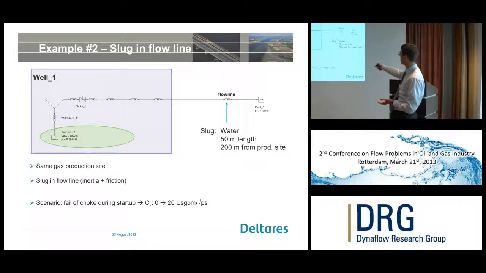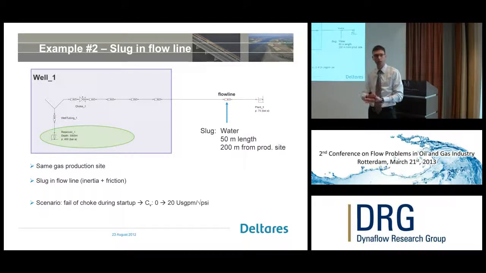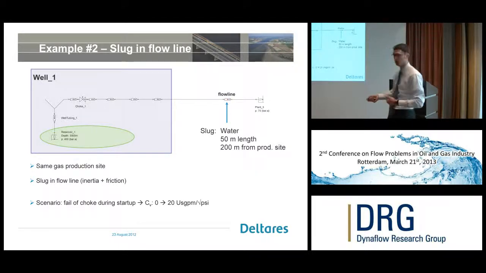So let's assume we've got a slug in this flow line which is located 200 meters from the production site and has a length of 50 meters, and let's say it's water. Water is just conservative because high density, so large inertia, makes it move less fast. So the slug in the flow line is modeled by its inertia and friction, and for the rest we take the same gas production site and also the same scenario of the fill.